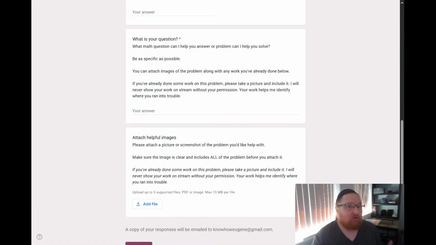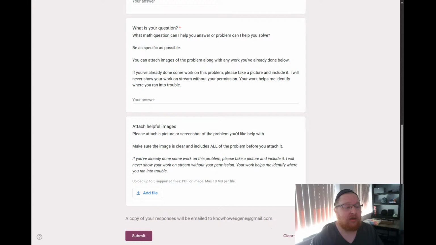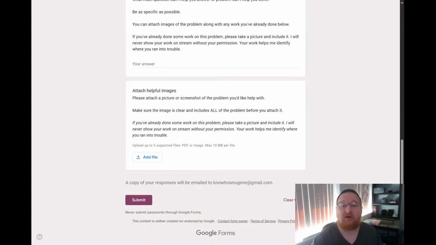This problem about graphing, I know how to find the points, but my graph doesn't seem right, or something like that. Things like that. Be as specific as you can be. This will be augmented by the images you submit to help clarify your problem.